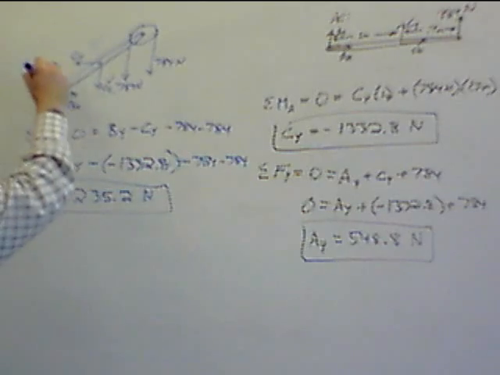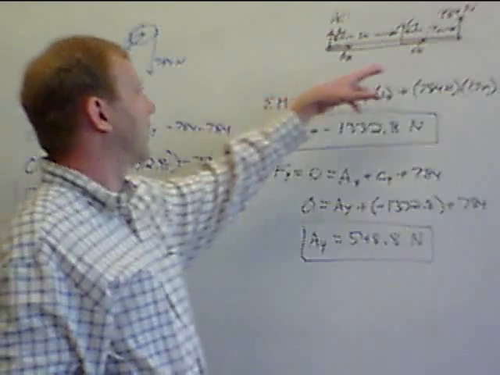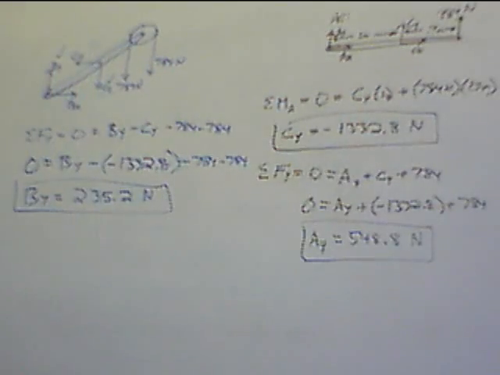Okay, so now we know BY. So for the whole system, we're able to identify all of the vertical forces. What we're left with is BX, AX, CX, the three X component forces. Those are a little trickier here. We're out of summation of forces solutions here. We do have to do a summation of moment about this on this piece in order to solve that.